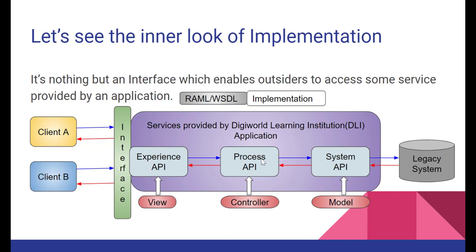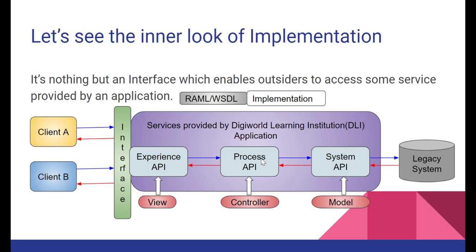Suppose there is a requirement to fetch data from multiple underlying systems. In that case, the process API will handle those calls, basically when to call which system, and the actual data will be fetched from the underlying system via the system API, right?